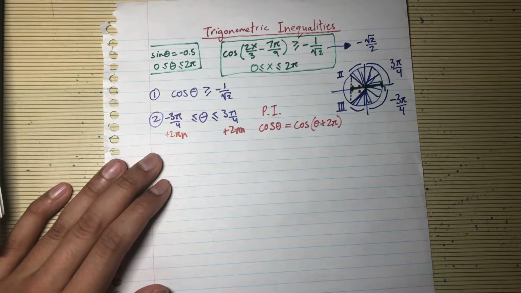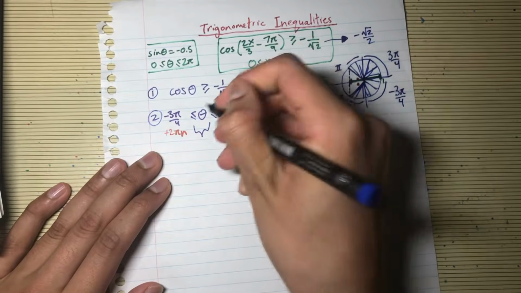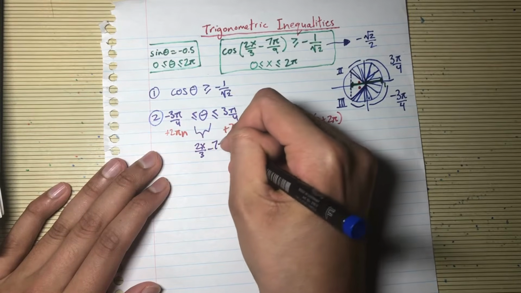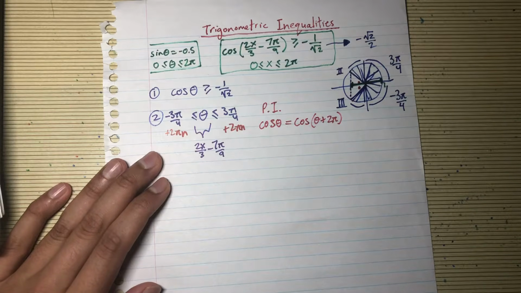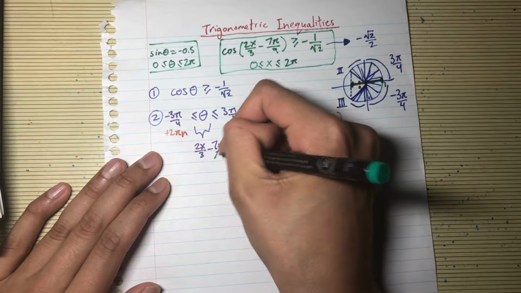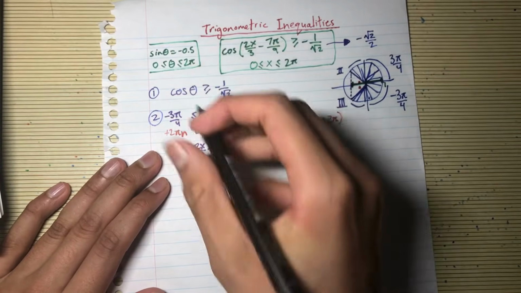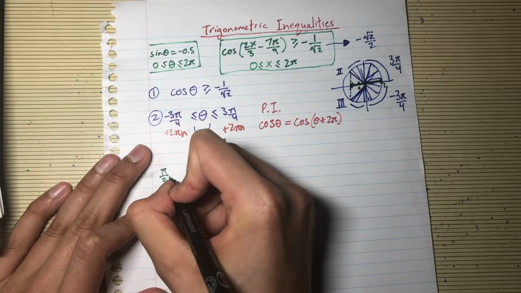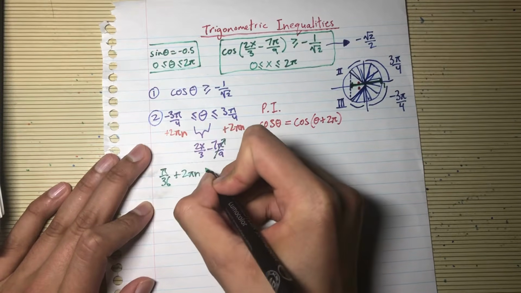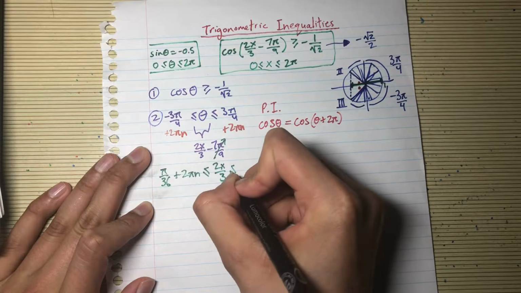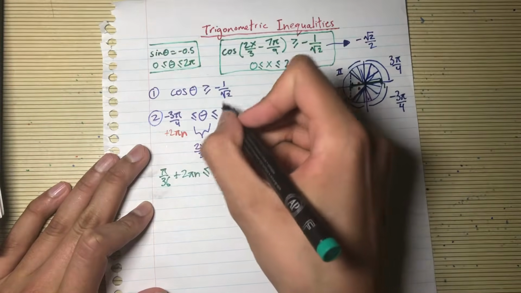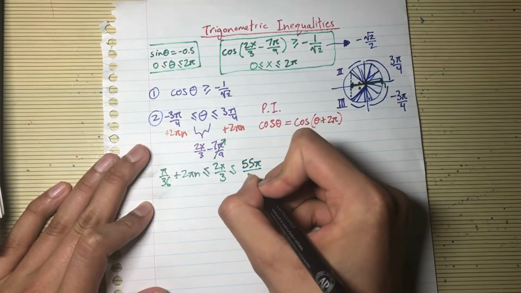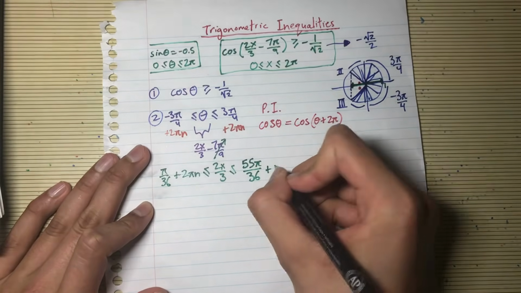Okay, moving on. We can now resubstitute the value for theta back into the compound inequality. 2x over 3 minus 7 pi over 9. Let's add 7 pi over 9 to all three sides of this inequality. So, on the left side, you have 7 pi over 9 minus 3 pi over 4, which gives us pi over 36 plus 2 pi n, which is less than or equal to 2x over 3, which is less than or equal to 3 pi over 4 plus 7 pi over 9, which leaves us with 55 pi over 36 plus 2 pi n.